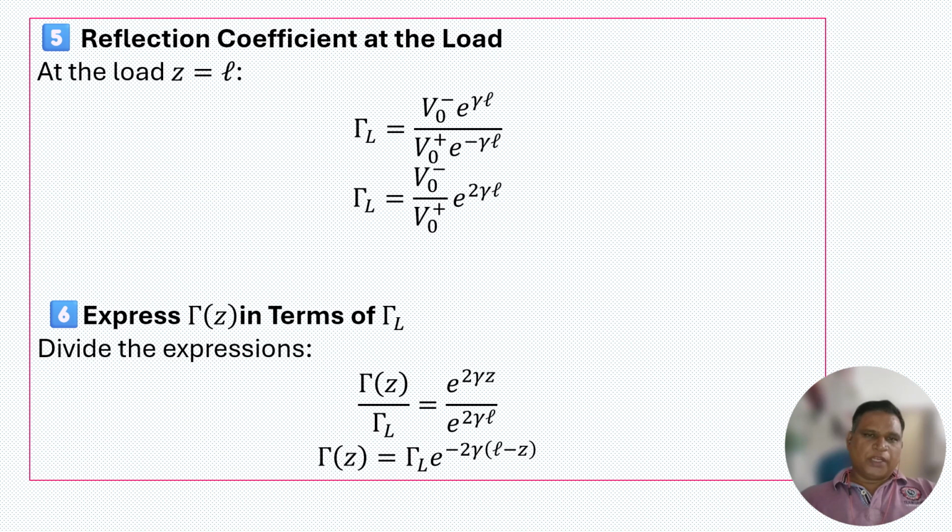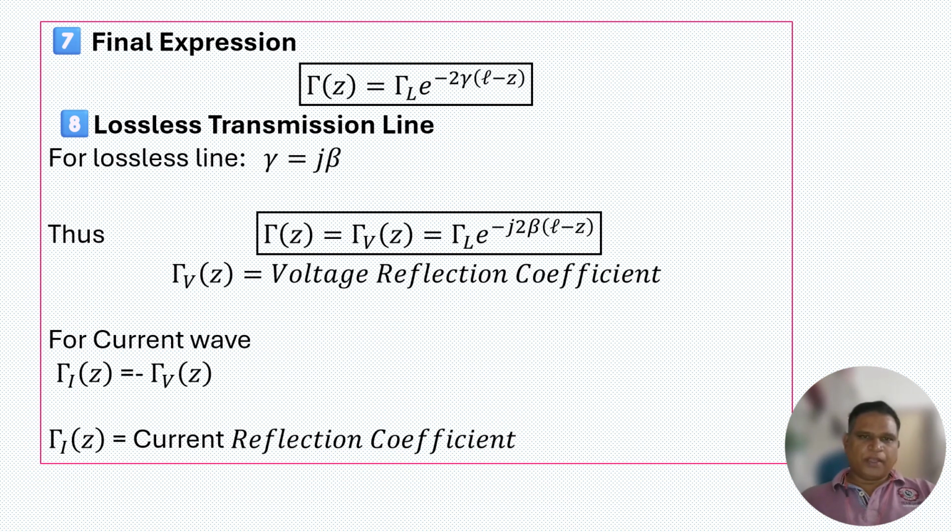At the load z is equal to L, we'll get the reflection coefficient as V naught minus divided by V naught plus e power 2 gamma L. Expressing the reflection coefficient in terms of the reflection coefficient at the load, we can write the reflection coefficient at any point z on a transmission line as the reflection coefficient at the load into e power minus 2 gamma into L minus z.